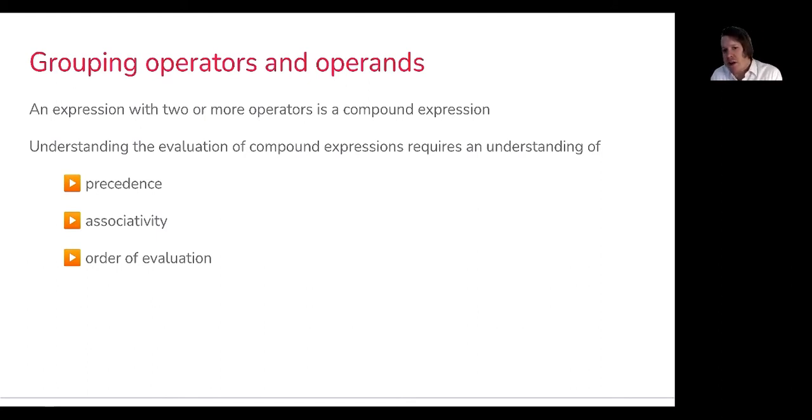So an expression with two or more operators is going to be called a compound expression. To understand how these expressions are evaluated requires an understanding of precedence, associativity, and the order of evaluation. The last one's a little tricky, but I think it'll be clear with the example we have. It's kind of strange.